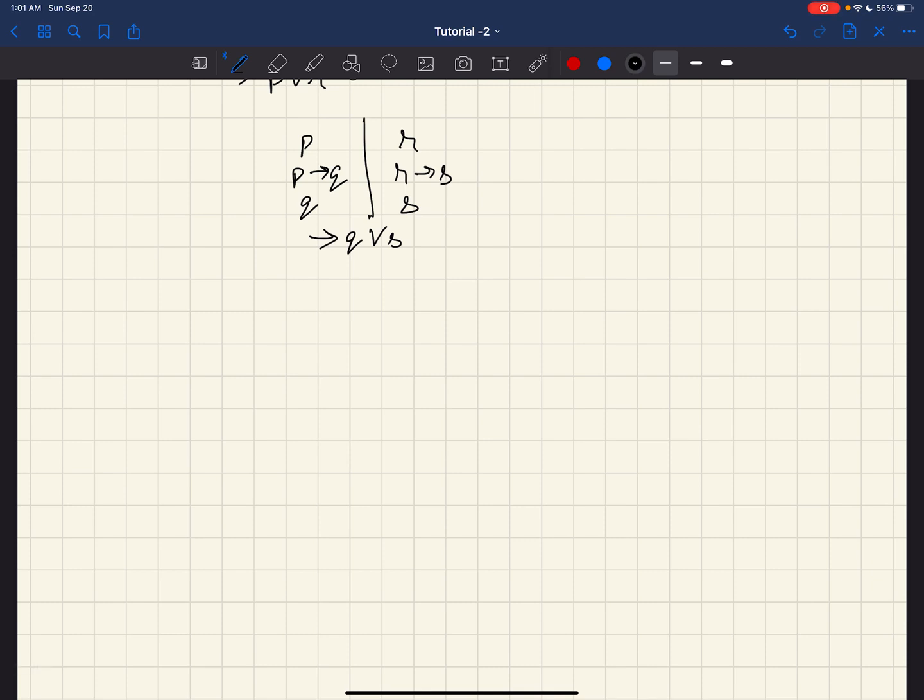One way is using the proof by cases, similar to what I did here. The first step is P implies Q, a premise. The second is R implies S, again a premise. And P or R is a premise as well.